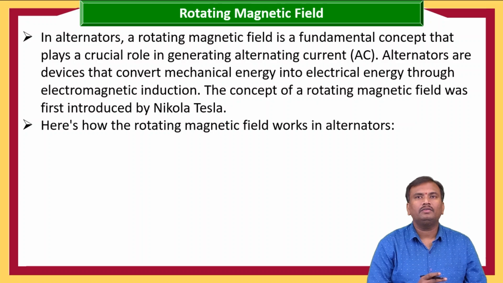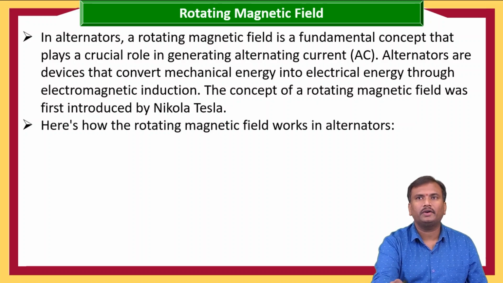And now we will go with the rotating magnetic field. How do we get the rotating magnetic field in the generator? In alternators, a rotating magnetic field is a fundamental concept that plays a crucial role in generating alternating current.